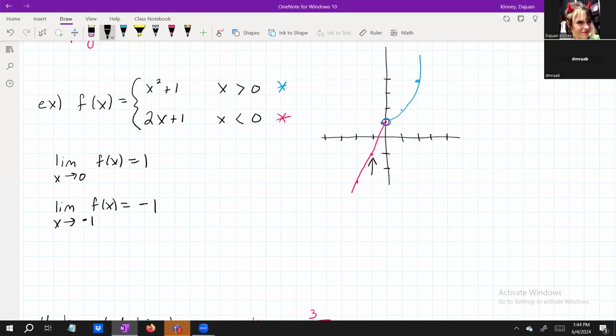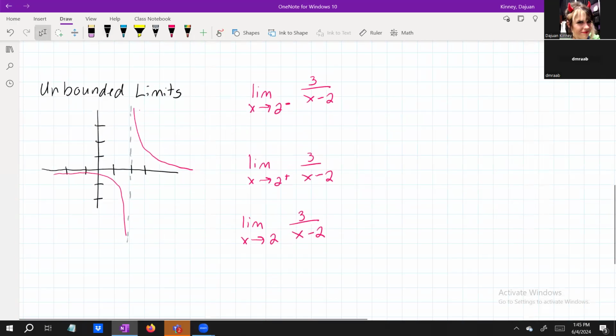Did I write that down right? Yeah. So just a thing to watch out for. Sometimes there's a jump, a jump like that. In that case, the limit would not exist at 0. It would exist every place else, but not at 0.